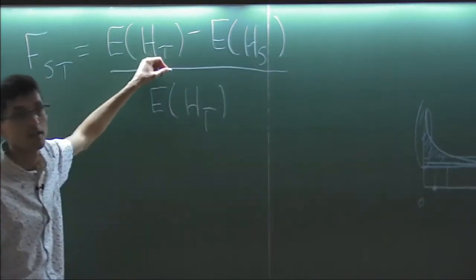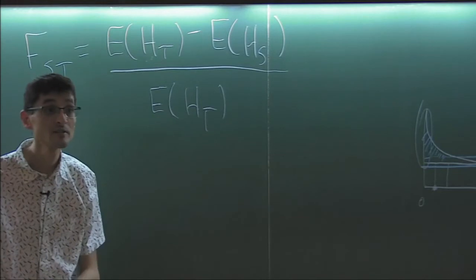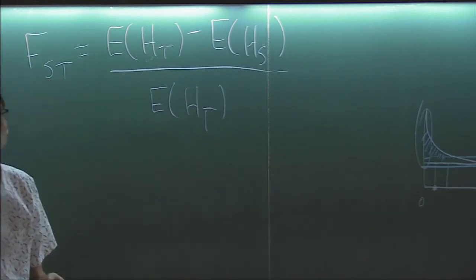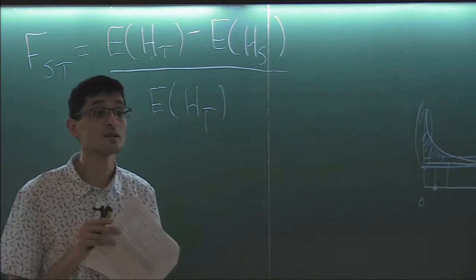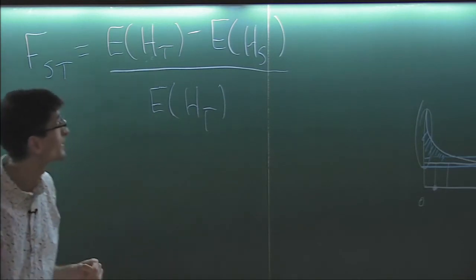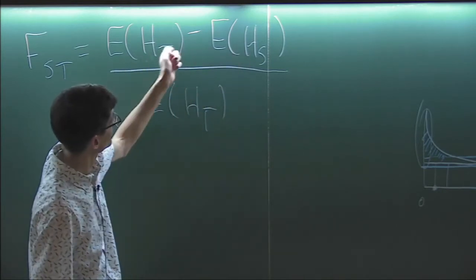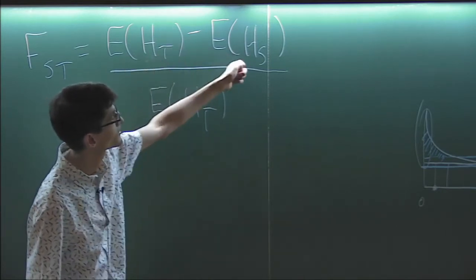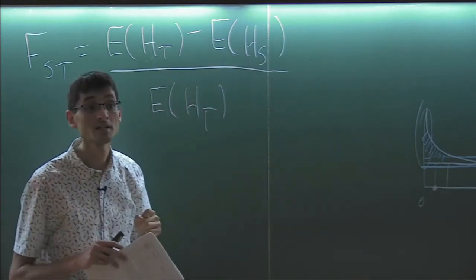Where HT is the heterozygosity in the total population. So in other words, if you were to pick two alleles from anywhere in the population, the chance that they would be different from each other. It's the heterozygosity of the total population minus the average heterozygosity within a subpopulation.